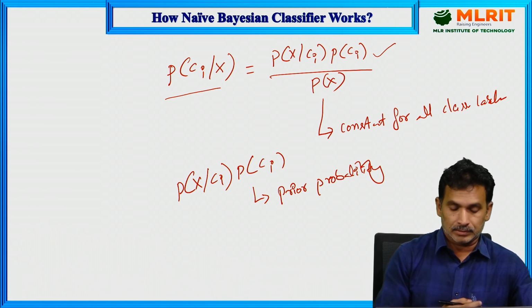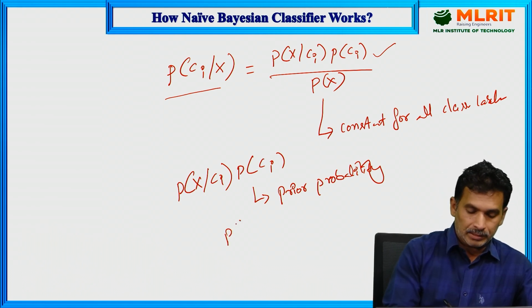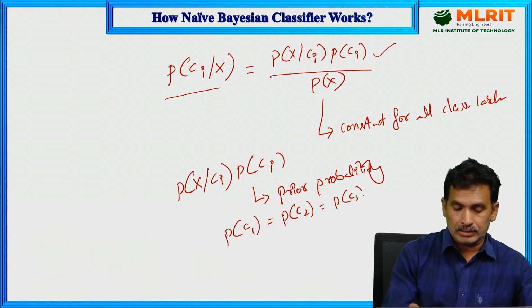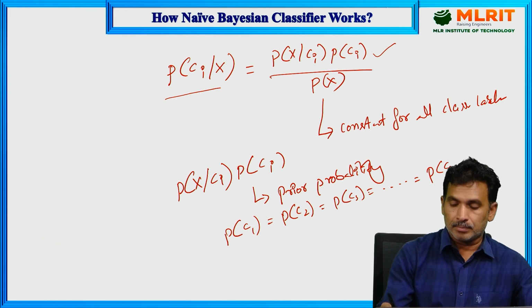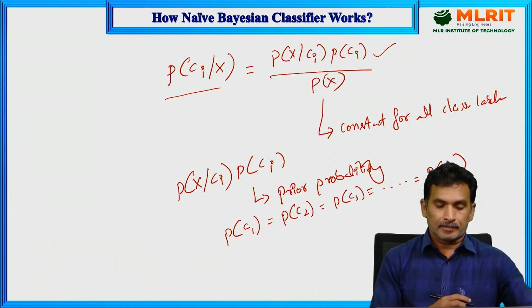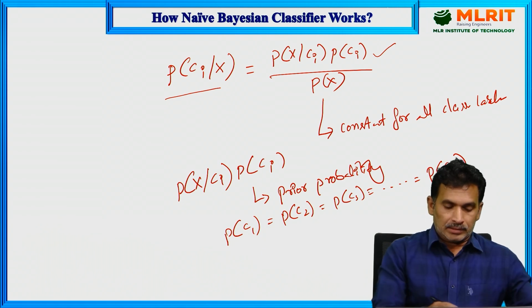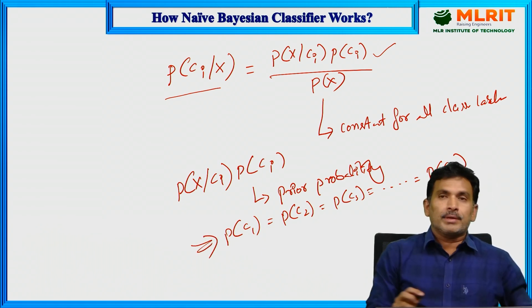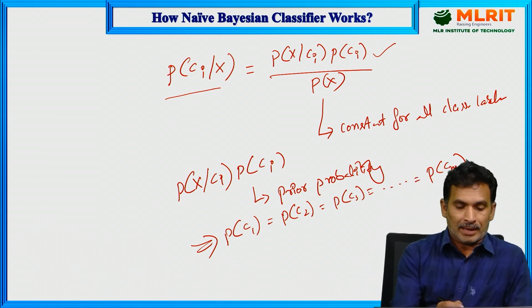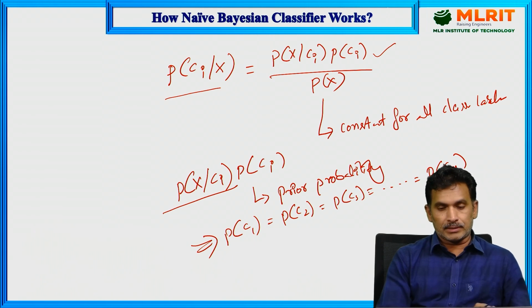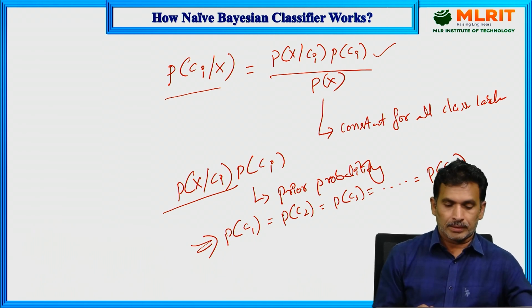Then the prior probability of C1 equals the probability of C2 equals the probability of C3, and so on, up to the probability of Cm, because there are m classes. In this situation, we have to maximize the probability of x given Ci.